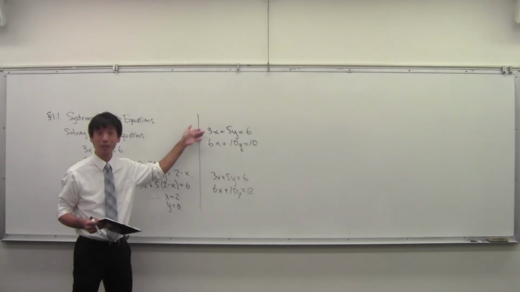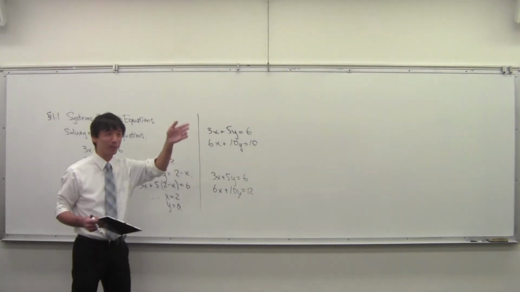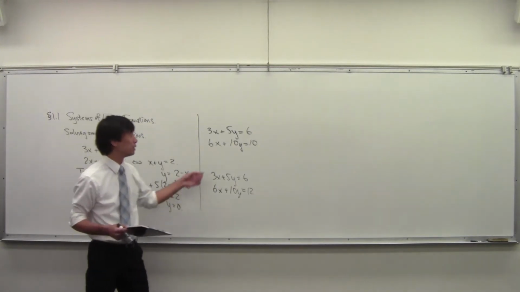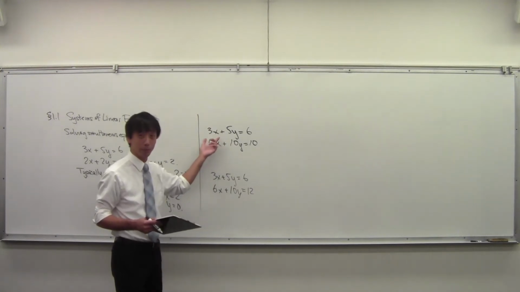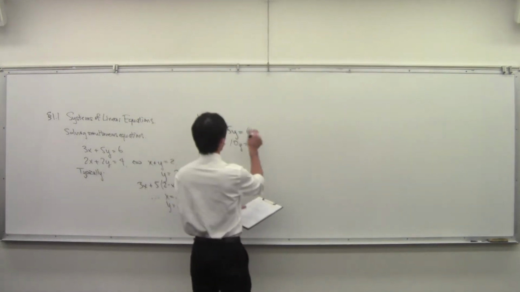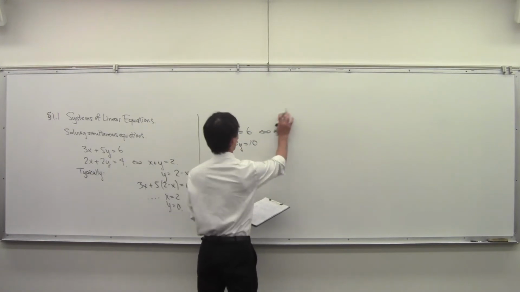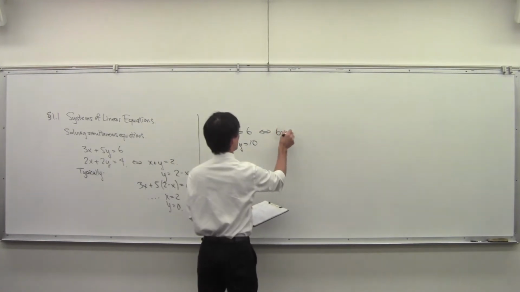Did anyone see immediately? Don't blurt it out, but go ahead and talk. 6x plus 10y is proportional to 3x plus 5y. Mm-hmm. So if you pick a value for x and y, those two equations can't both be true. That's right. If you played around with it for a little bit, you'd say, well, look, the solutions for this one are the same as the solutions for this one.